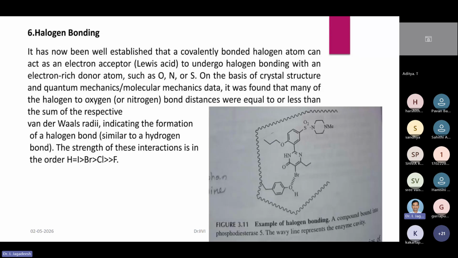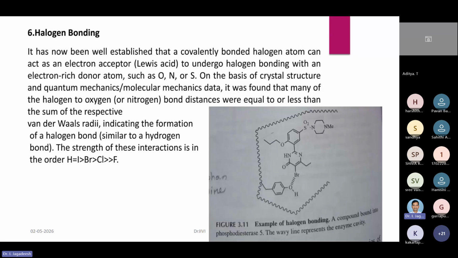It was found that for many of the halogens, like chlorine, fluorine, bromine, and iodine, the halogen-to-oxygen or nitrogen bond distances were equal to or less than the sum of the respective van der Waals radii, indicating the formation of halogen bonding.